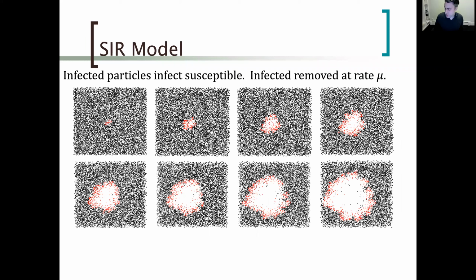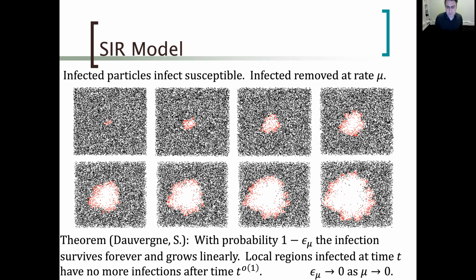And now getting back to the SIR model that I began with, we can apply the same sort of analysis there too, as long as the infection rate is small enough.